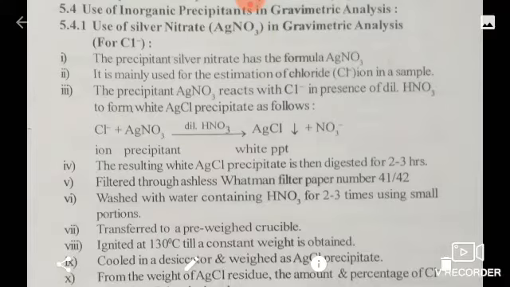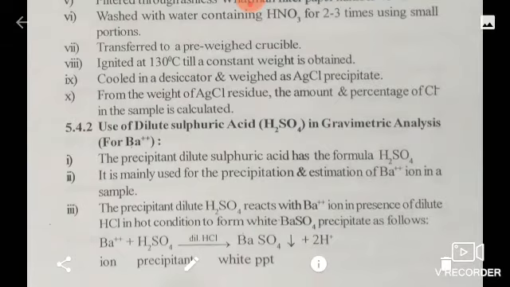The resulting white AgCl precipitate is digested for 2-3 hours and filtered through ashless Whatman filter paper number 41 or 42. It is washed 2-3 times with small portions of dilute HNO3 to remove impurities, then transferred to a pre-weighed crucible and ignited at about 130 degrees Celsius till a constant weight is obtained, cooled in a desiccator and weighed as AgCl.